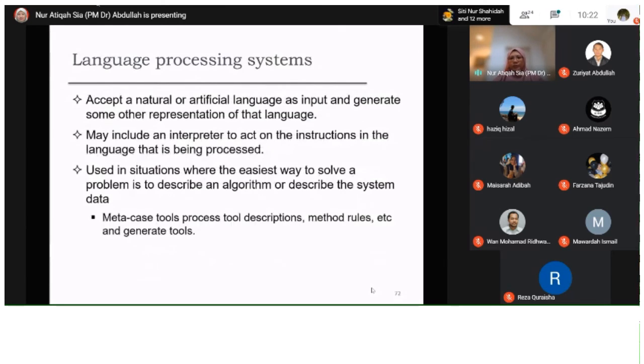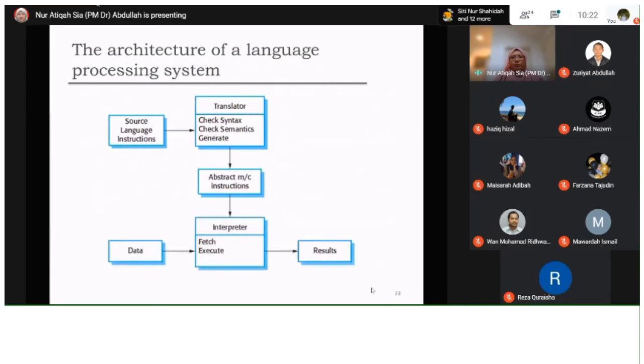Ini adalah untuk language processing punya application architecture. Sesuatu language processing kena ada translator, source language, abstract, interpreters. Contohlah you nak buat interpreters atau compiler, ini adalah satu application architecture yang you boleh guna.